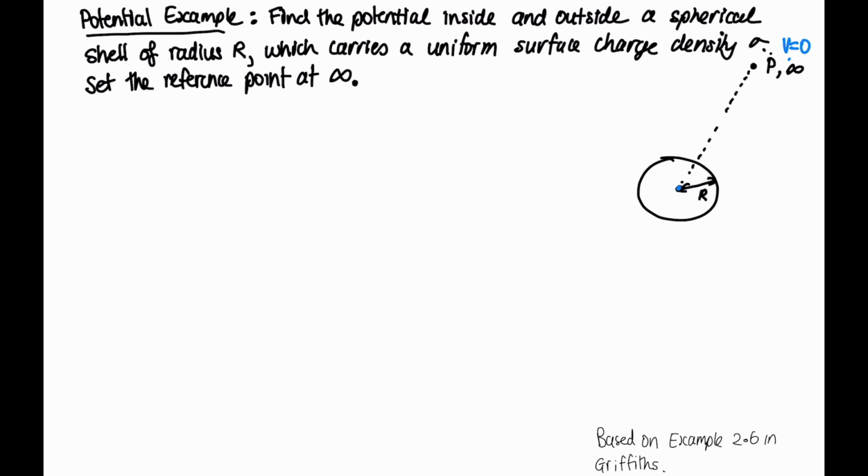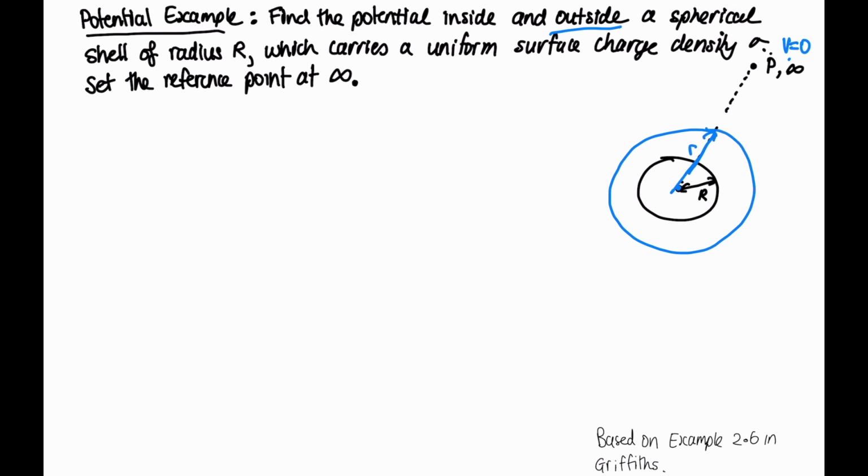So let's start with, not inside, we'll start with outside because that's going to be a little bit easier to calculate because we're on the same side of the sphere as our reference point. So let's consider a spherical Gaussian surface with radius little r like this.